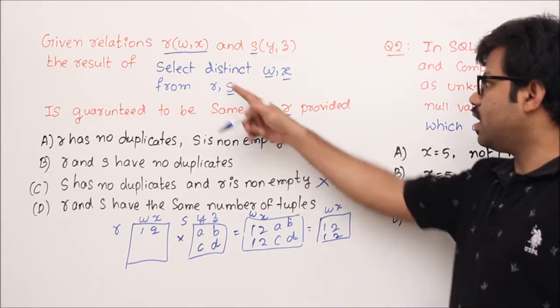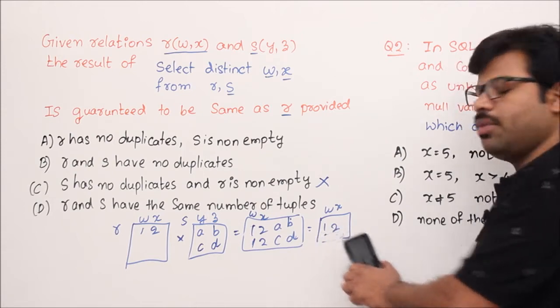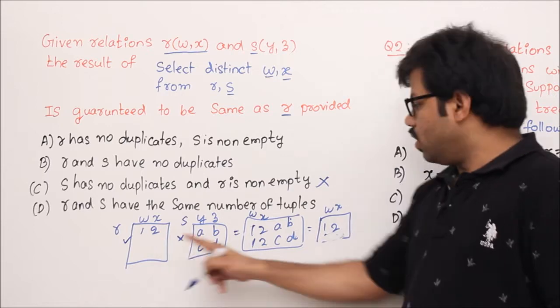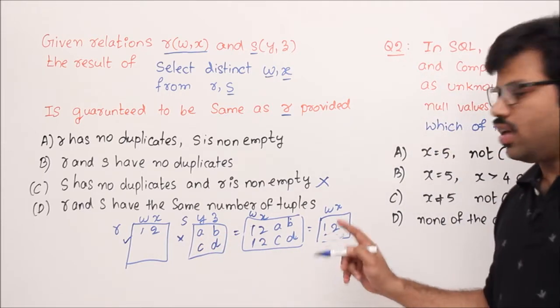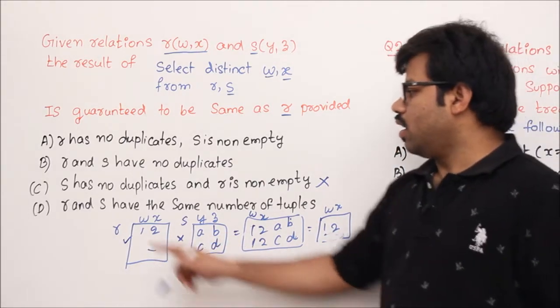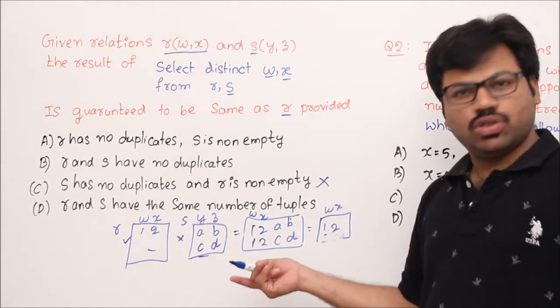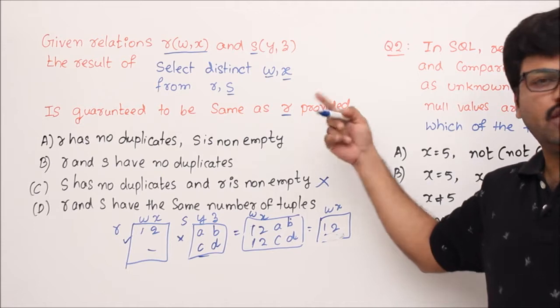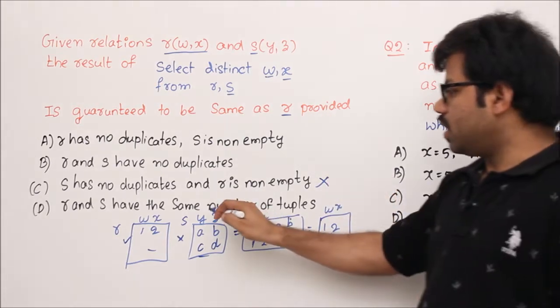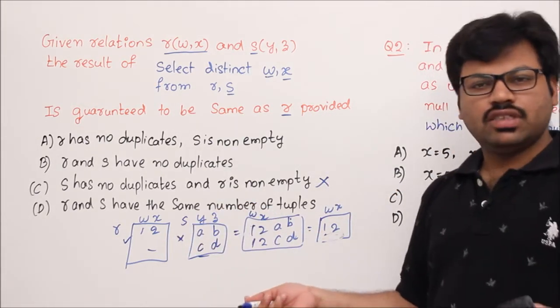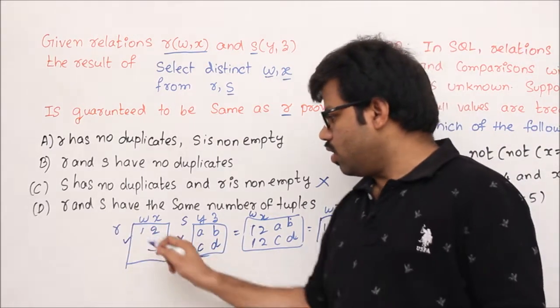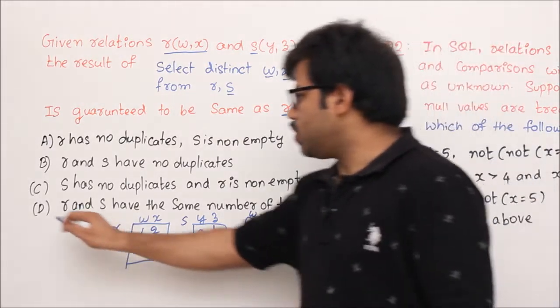But you are printing distinct combinations, so only 1, 2 will be printed. So initially your table contains only 1, 2, and now also only 1, 2. For this data, do R and S have the same number of tuples? No, but still it provides the same as R, correct? This query prints the same as R. But this option says that R and S should have the same number of tuples to produce the same result. Not required, correct? Just now I have shown with the example. So option D is wrong.